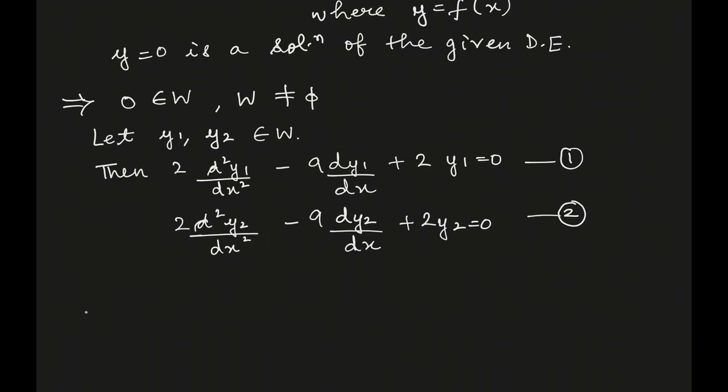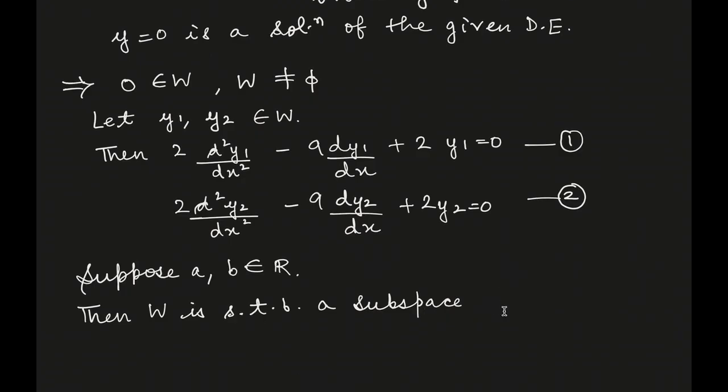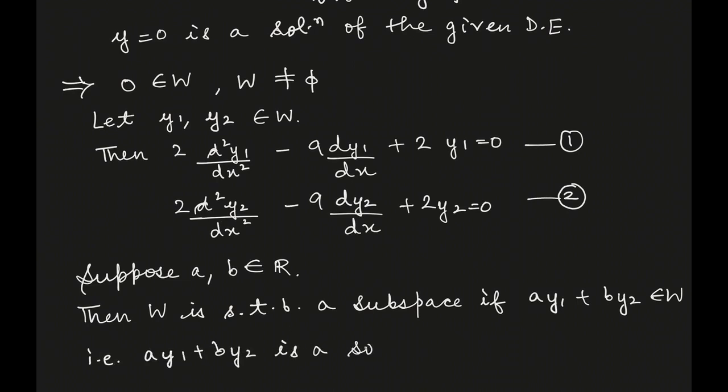Now suppose a and b are scalars from real numbers, then W is a subspace if a y1 plus b y2 belongs to W, which means that a y1 plus b y2 is a solution of the given differential equation.